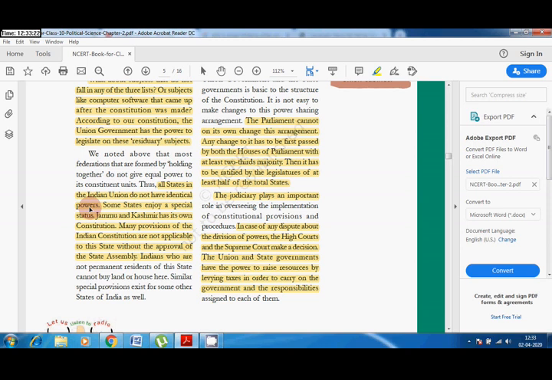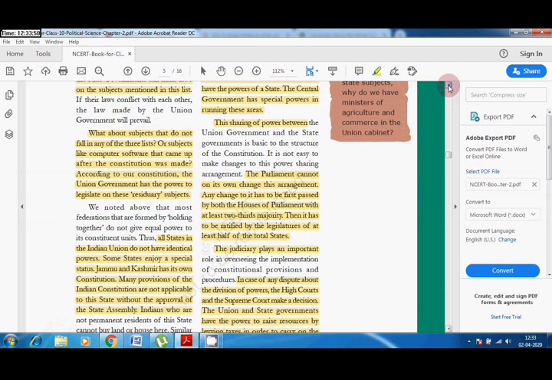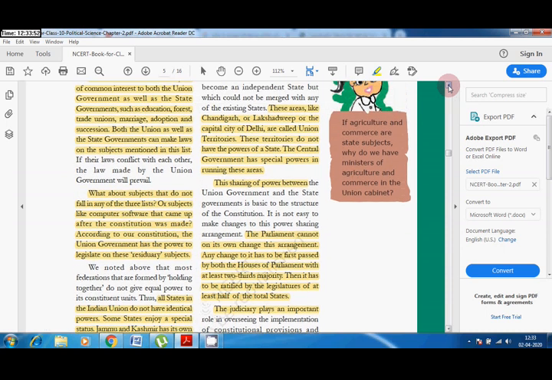The statehood has been snatched from Jammu and Kashmir, and now Ladakh is a separate union territory, and Jammu and Kashmir is a separate union territory. Earlier, Jammu and Kashmir had its own constitution, and many provisions of the Indian constitution were not applicable to this state without the approval of the state assembly. So this is also another very good feature.